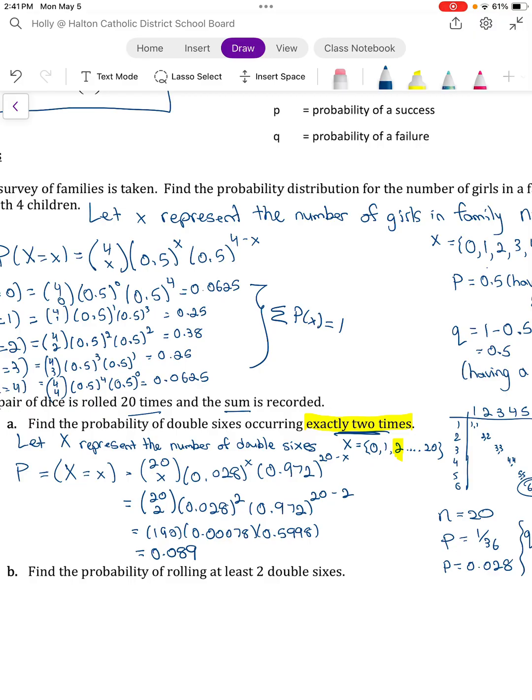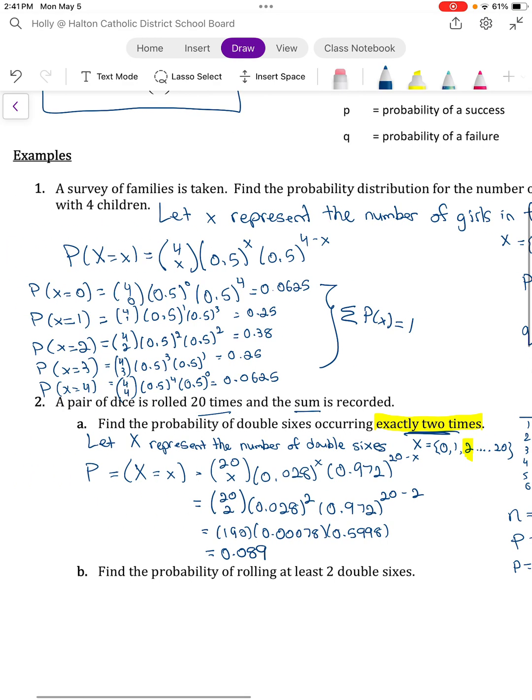So therefore, I have limited space here. Therefore, we have an 8.9% chance of getting double sixes, that's our success, 2 times.